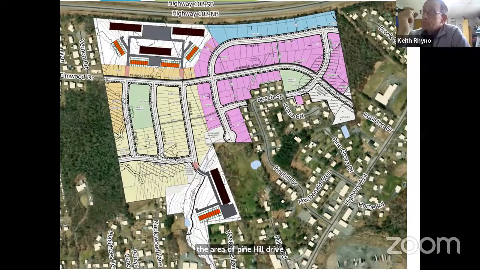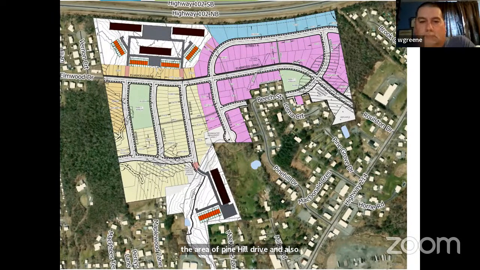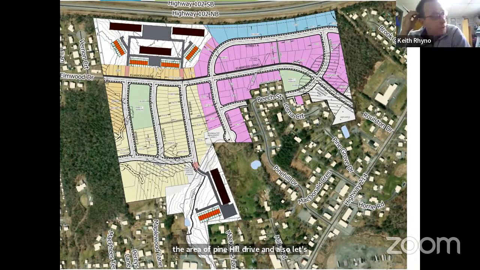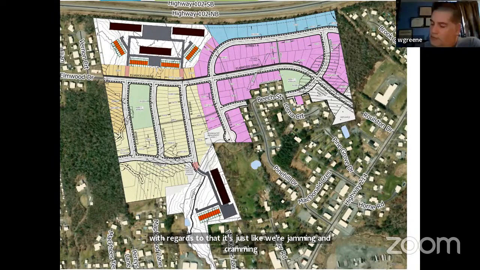And also, let's face it, where they say that there's going to be pricing differences for different people within that buildup over the phases, it just seems to me that I can't see them being very affordable to some of our residents out there. And that's what's got me concerned with regards to that. It's just like we're jamming and cramming and there you go. So anyway, thank you. Okay, Councilor Rhino.